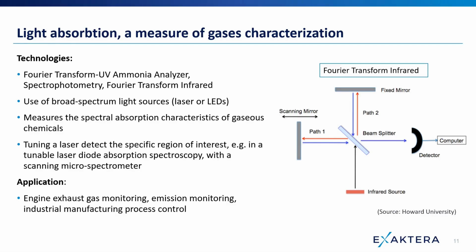The diagram here is the schematic for an FTIR ammonia analyzer, but light absorption measurement might alternatively use a different specific wavelength of light, UV, visible or infrared. Or it may use a broad spectrum light source.